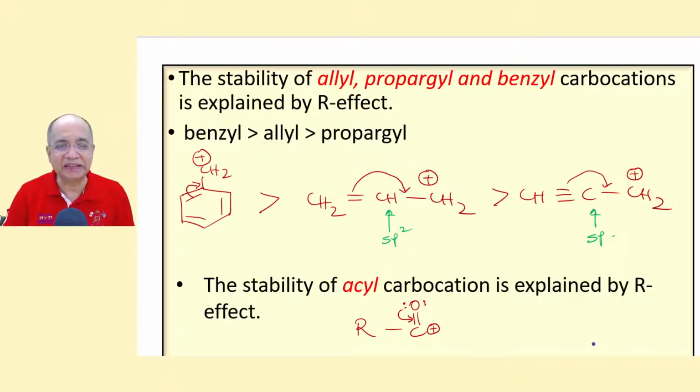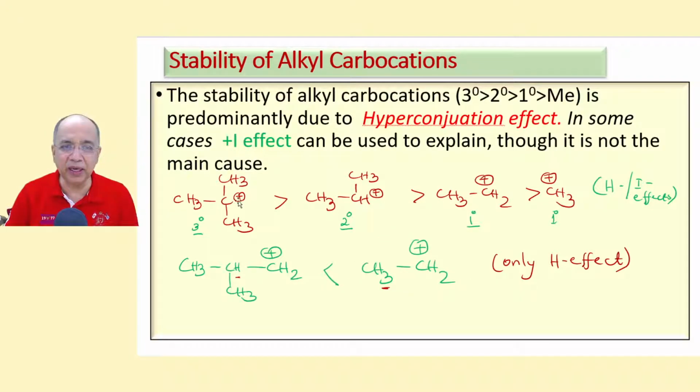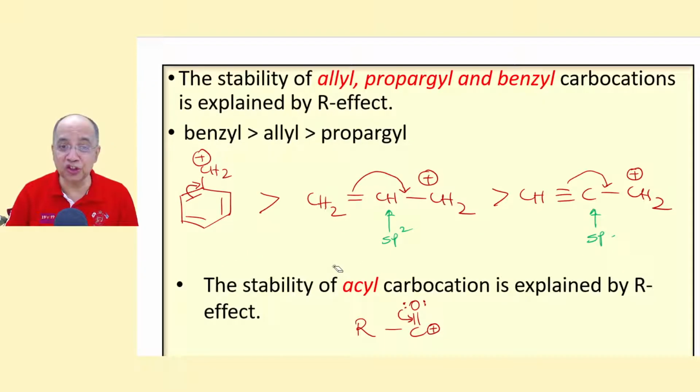Hold on. And similarly, the acyl carbocation is also stable. You must remember it is as much stable as a tertiary butyl carbocation. Tertiary butyl is due to hyperconjugation, a lot of hyperconjugation structures, but acyl carbocation is due to resonance.